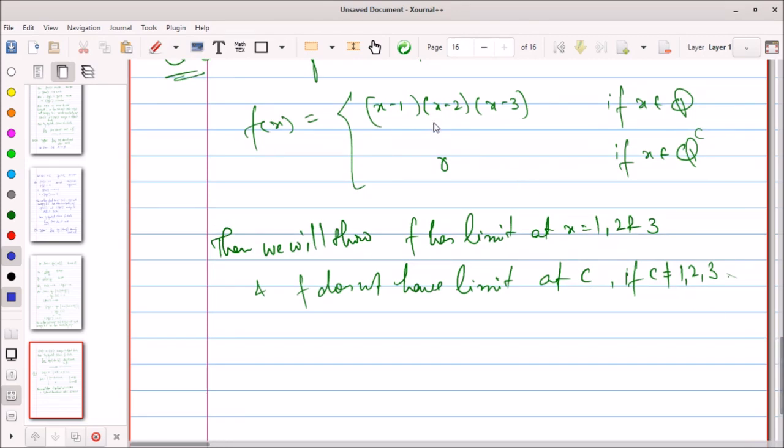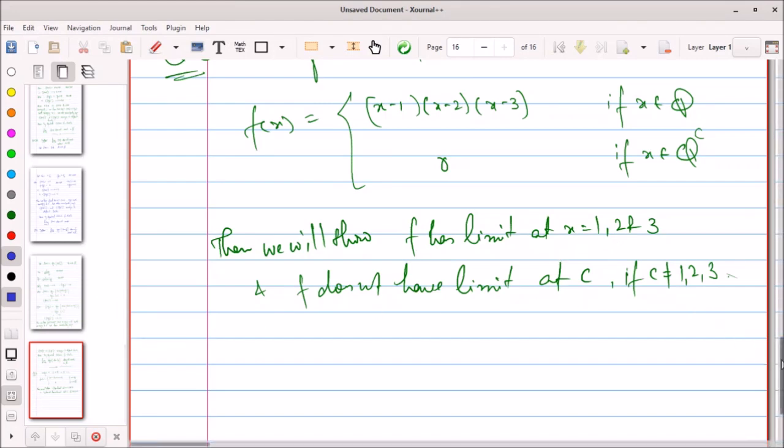If you have been given a finite number of points, then you can always take those points and define a function like this, and it will have limit at only those points, and it will not have limits at all other points. So it is the same: you will take a sequence of rationals that converges to c, and a sequence of irrationals that converges to c, and then you will get that the corresponding sequence does not converge, and by that you will be able to prove that these are the only points at which limit exists.